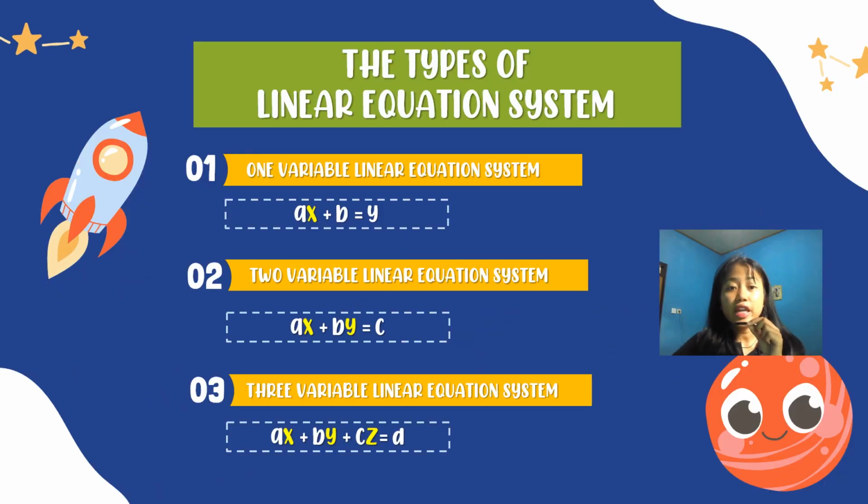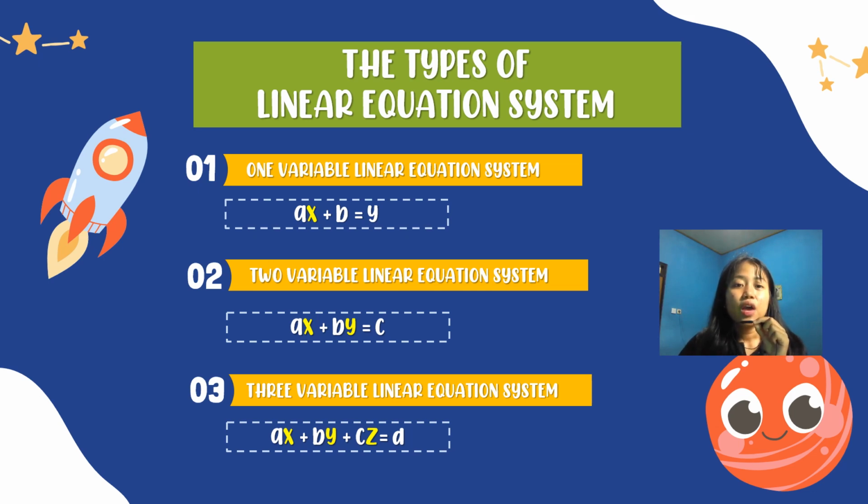Okay, now that you understand the definition and the elements of the linear equation system, let's talk about the types of linear equation system. The system of linear equation has three types, seen from the number of variables in the linear equation. First, the system of one variable linear equation with the general form ax plus b equals y.